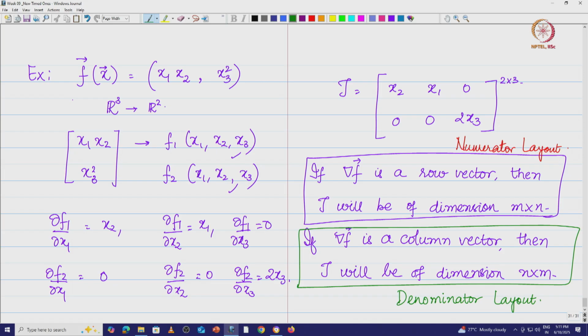Okay. So, how do we look at it? I will just make a differentiation between these two. I will say numerator layout and denominator layout. Right, the numerator layout is going to look like this, for vector valued functions.